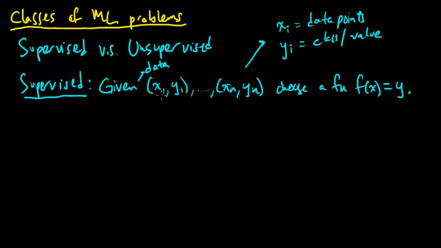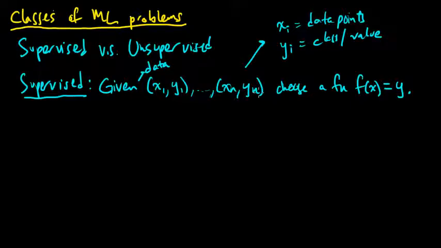Of course, if I gave you x1, I would probably want to define f of x1 to be y1. But the problem is that you have to generalize. You're given a new x, one which was not from your original data, and you have to figure out what y you should associate with that x.